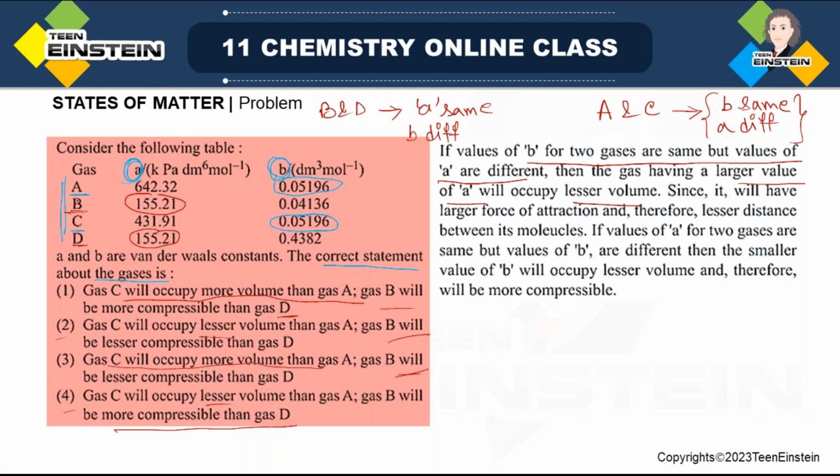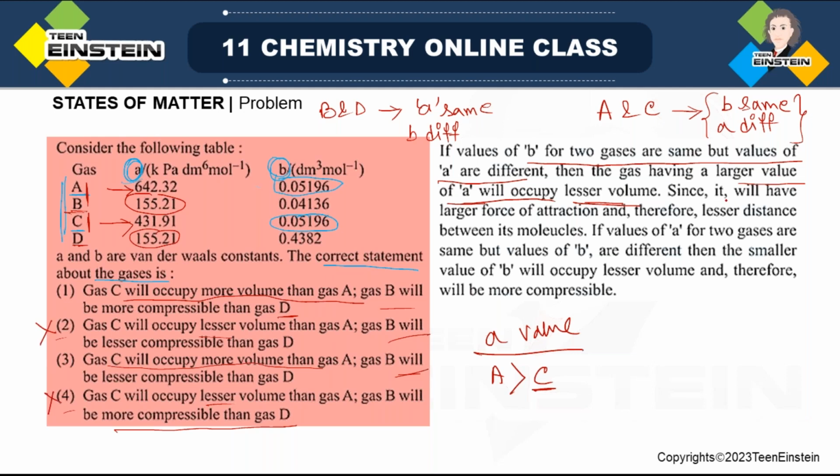Among A and C, A has a value of 642 and C has 431, so a of A is greater than C. The gas with the larger a occupies lesser volume, so A will have lesser volume and C will have more volume. That is what options 1 and 3 say, so we can cancel these two.